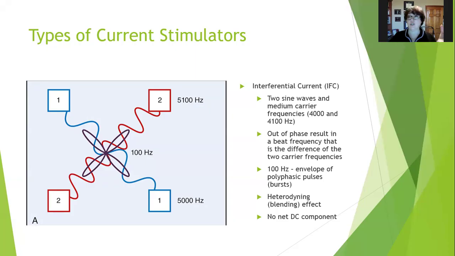So 100 hertz, or 100 pulses per second, cycles per second. It blends the two frequencies and there's no net charge. You get the same results from that as you do from a pulsatile current unit where you have 100 pulses per second. With interferential current, it is important to cross the channels, and we'll try some different setups in lab. With pulsatile current, you don't have to cross the channels.